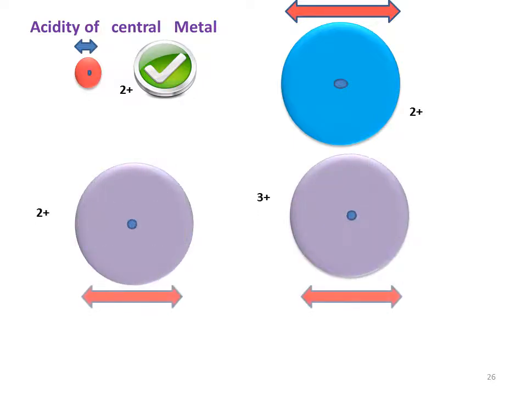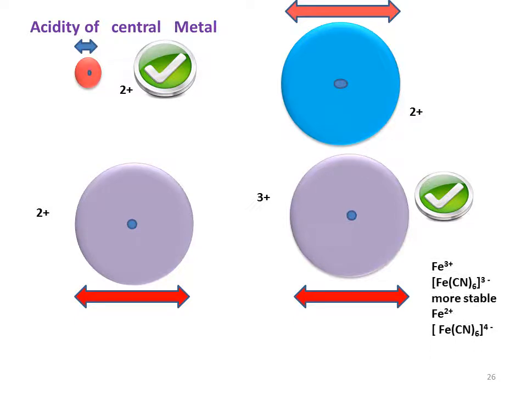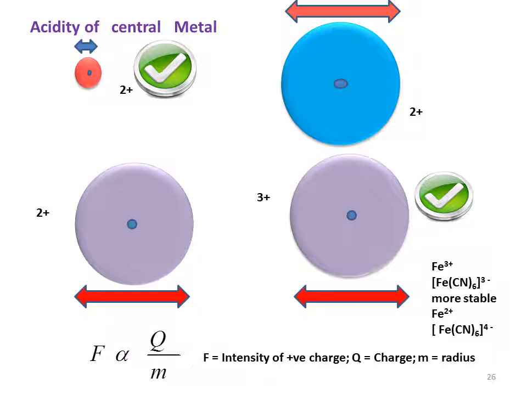On the other hand, for two central metal ions with the same radius, but one of them is more positively charged, this one will form the more stable complex. For example, the ferric cyanide complex is more stable than the ferrous cyanide complex. Again, the formula which discusses the same theory.